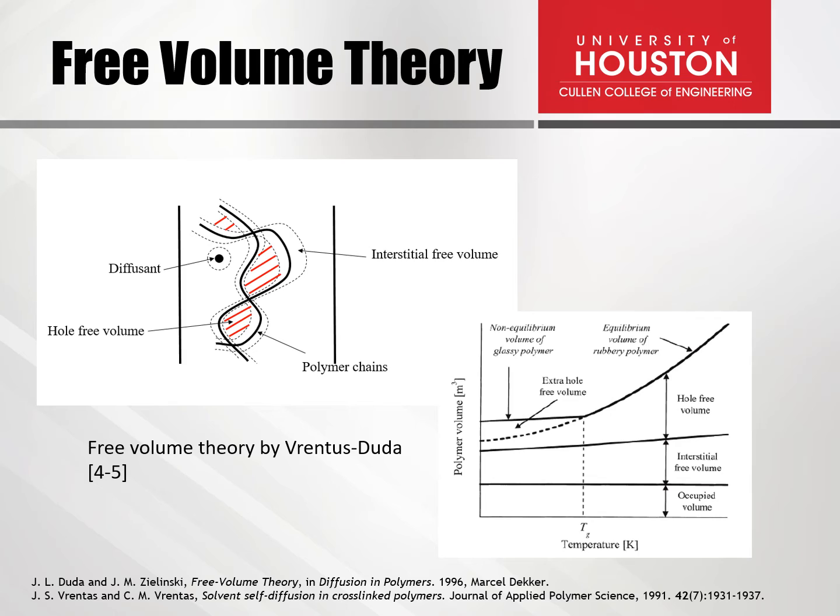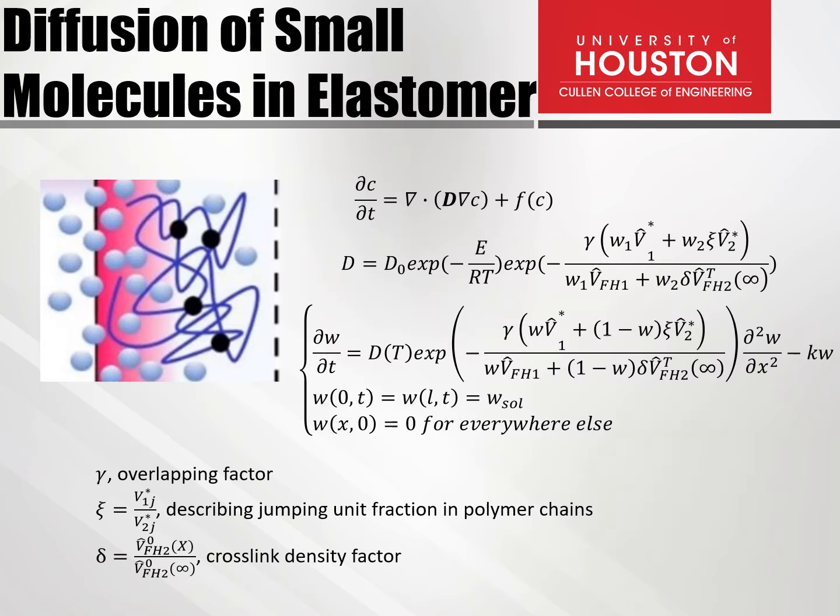Considering the motion ability of large molecules, hole free volume is more sensitive to temperature change than occupied volume and interstitial free volume. We will see how significantly temperature affects the diffusion in following slides. The equation developed from mass transfer is used to describe this process.